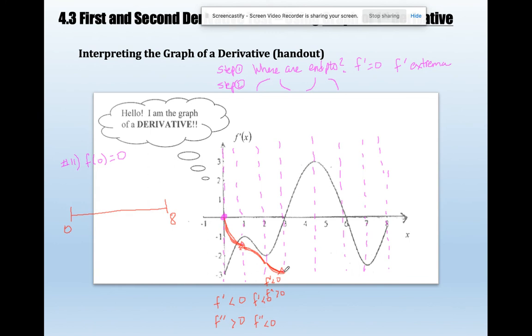Not a point of inflection. The first derivative is 0, so I have a horizontal tangent. So there, f prime is equal to 0. But the slopes are still positive. So you're still concave up.